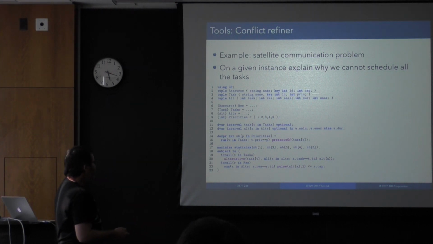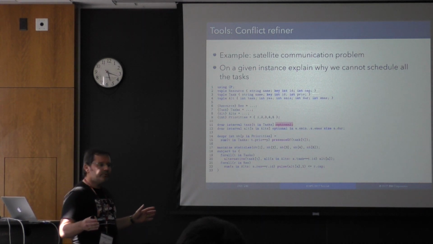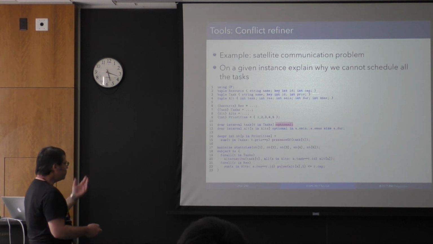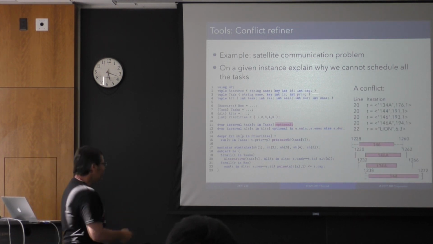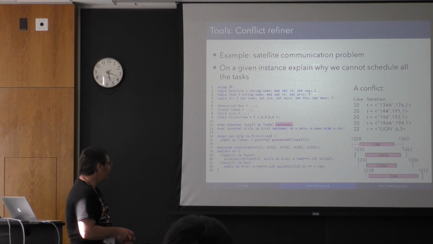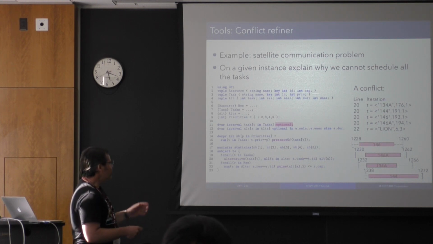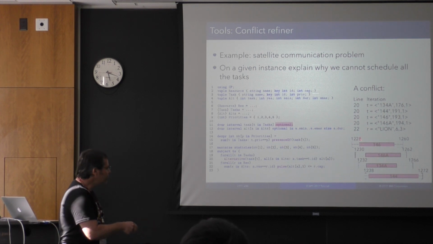And an interesting question is, why is it over-constrained? What happens if I try to schedule all the tasks at the same time in the schedule? Then you can run the conflict refiner on this, and on this instance of the problem, it will just exhibit a small set of constraints, 4 or 5 constraints, saying, okay, you have some narrow time windows here on the resource, and then you have not enough capacity on the resource to execute these 4 tasks.